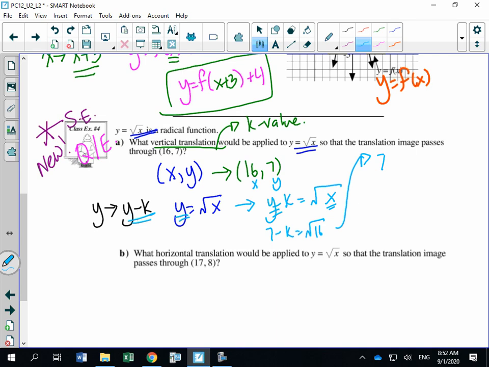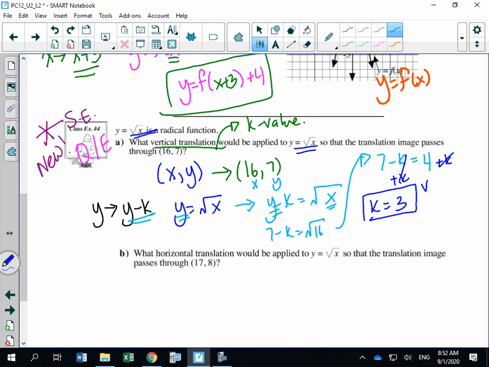So 7 minus k is equal to 4. We're not square rooting both sides, so I'm just going to take the principal square root, which is 4, and then isolate k. Add k to both sides and subtract 4 from both sides, and you would get k is equal to 3. So that's my k value.